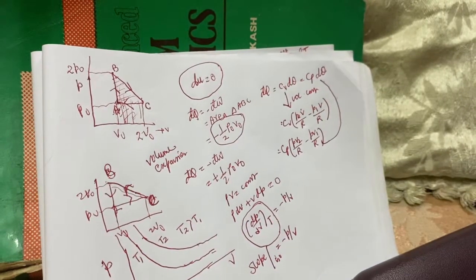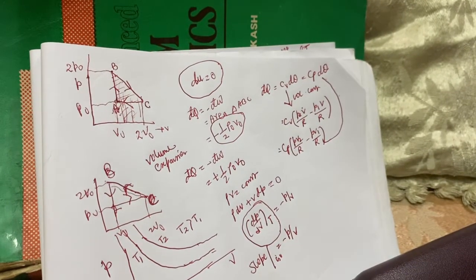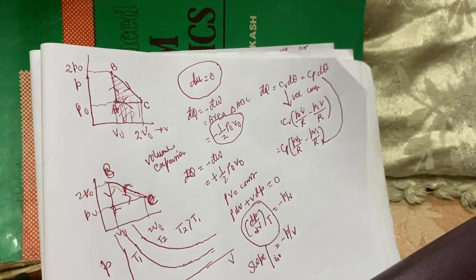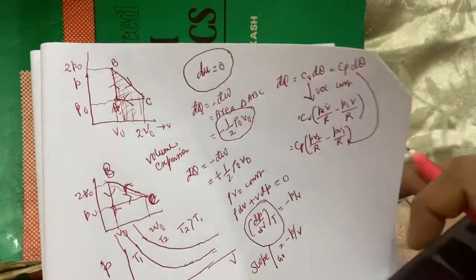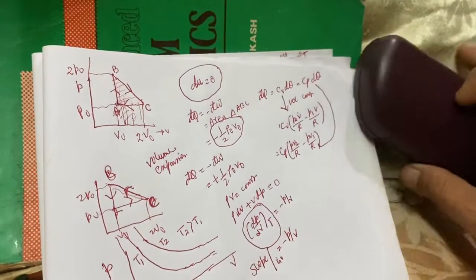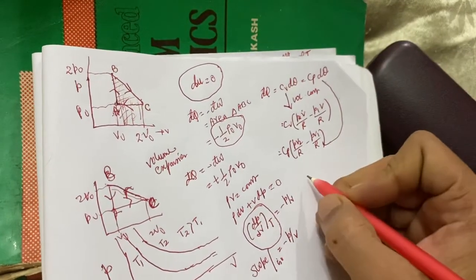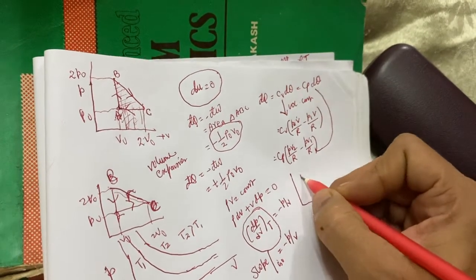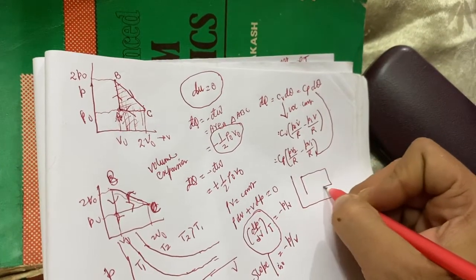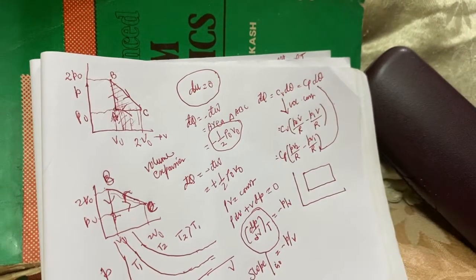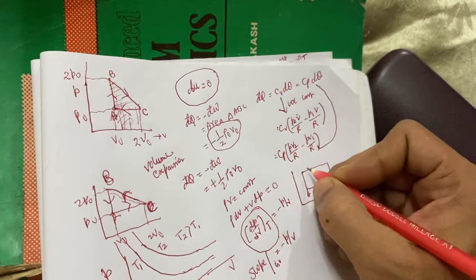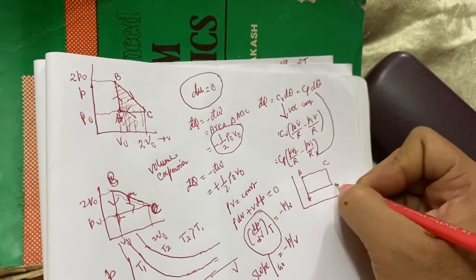Now suppose we are doing an experiment like this. I am drawing the graph. This is the graph, and A, B, C, D is a process.